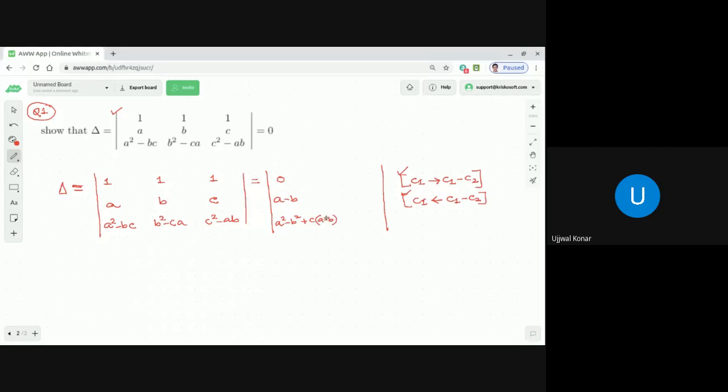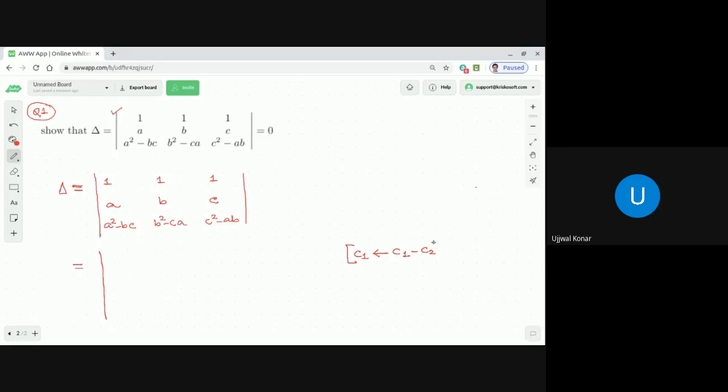Let me do one thing, dear students. Actually, I need to write in a bigger manner so that you're able to see it very clearly. So what I wanted to mean is that the new first column becomes the old first column minus column 2.